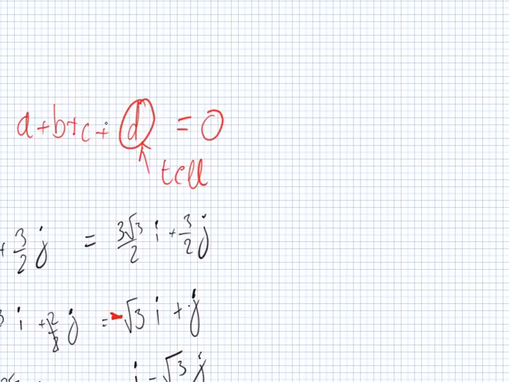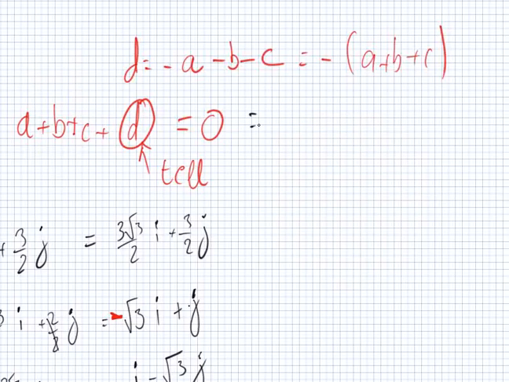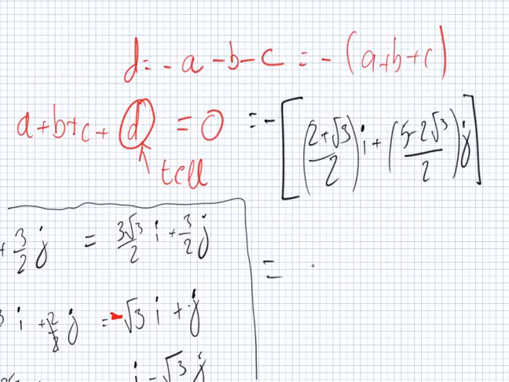But the other way to think about it, which I think is easier, is you just say D will equal minus A minus B minus C, which will equal minus of A plus B plus C, which I know is the exact same thing really. Anyways, when you add A, B and C together, you should get 2 plus root 3 over 2 I plus 5 minus 2 root 3 over 2 J. So then the answer will just be the minus of those.